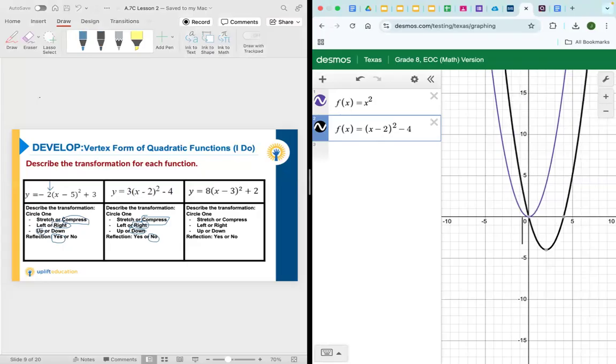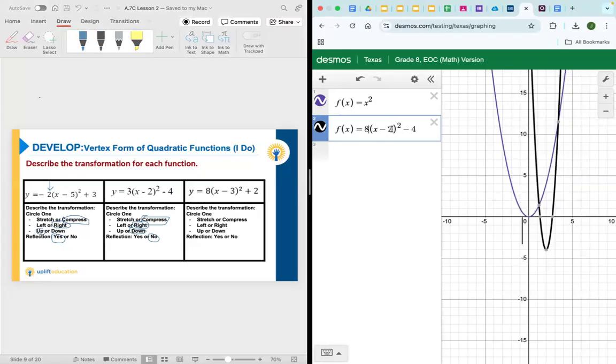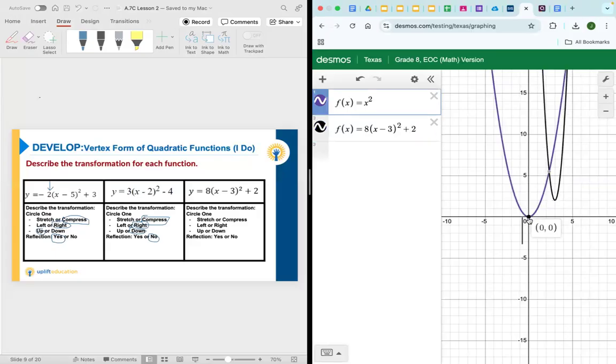Okay, let's look at our last example. 8 times x minus 3 squared plus 2. As I go from vertex to vertex, I can see I went up and to the right. So let's go ahead and notate that. Up and to the right. I definitely can see I got really skinny.